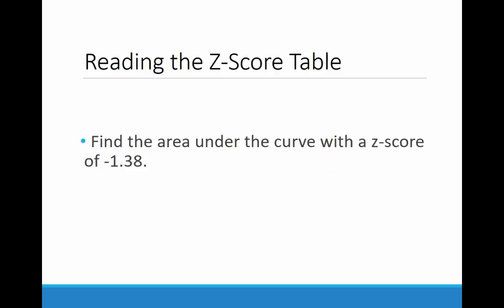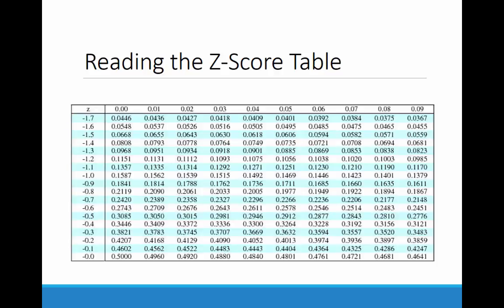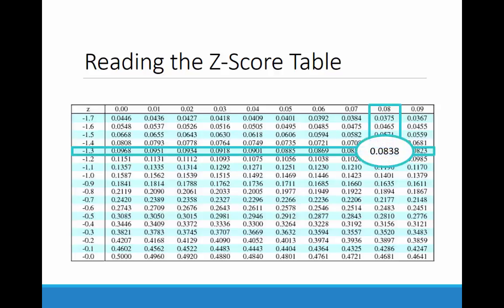Let's take a look at an example. Find the area under the curve with a z-score of negative 1.38. First we find negative 1.3 and then slide over our columns to find the hundredths position of 8. Wherever these overlap gives us the approximate area under the normal distribution curve.